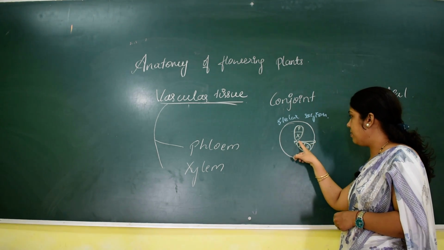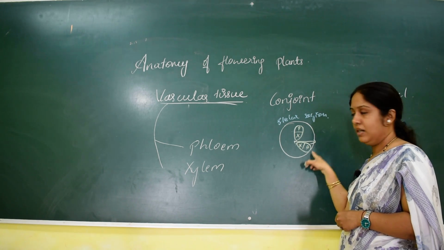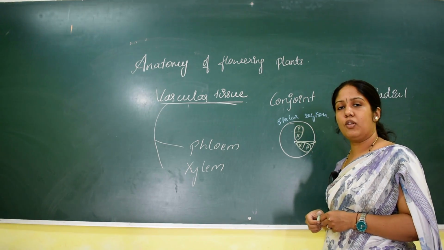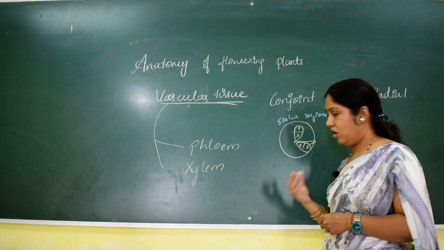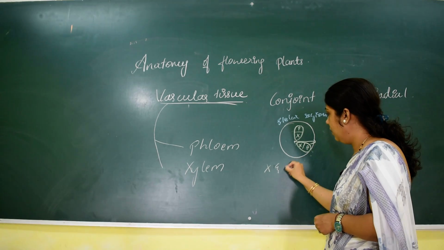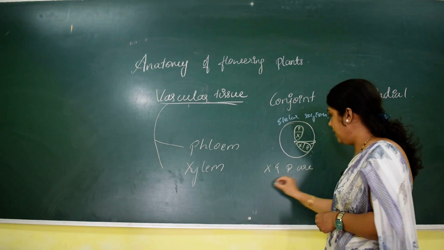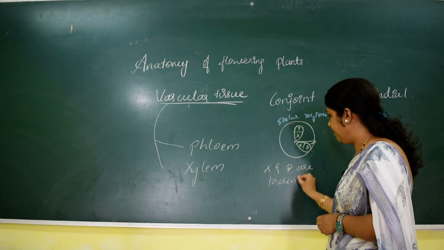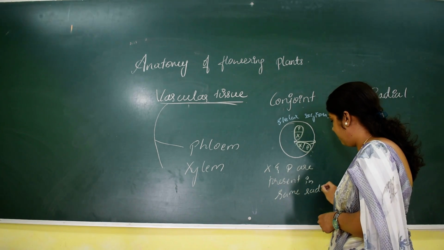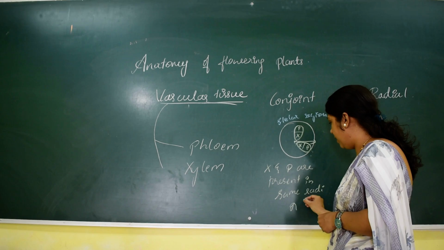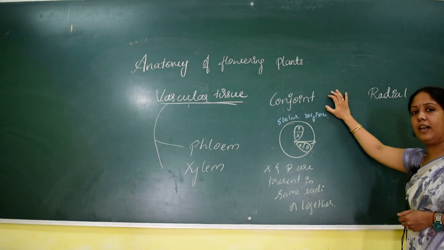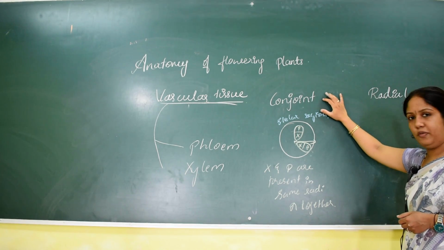If the xylem and phloem are present in the same radii, then that type is called conjoint. What does conjoint mean? If the xylem and phloem are present in the same radii, or present together, then it is called a conjoint type of vascular bundle.